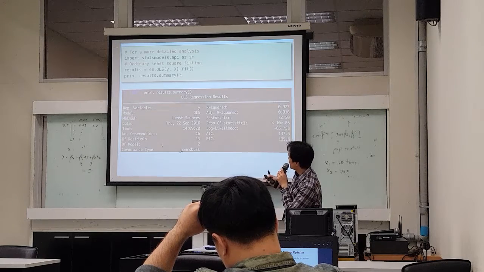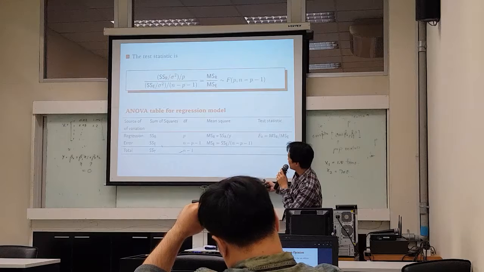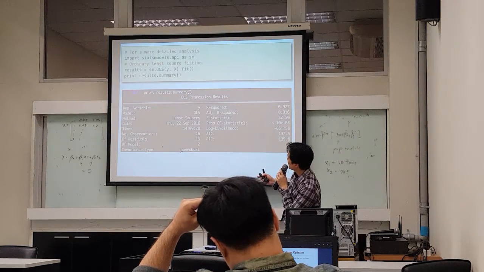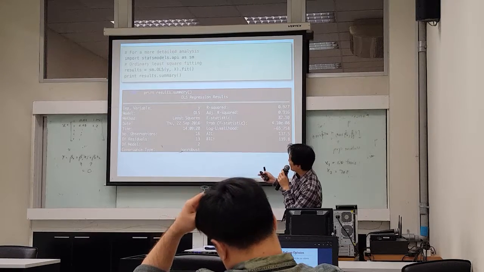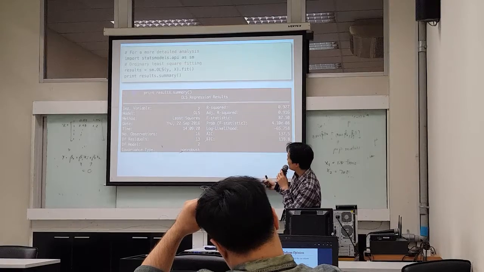If you use application software, it will show this table to you. In Python, you can use the statsmodels module and use the function OLS, ordinary least squares, with x, y, and then fit, and you print the model summary.